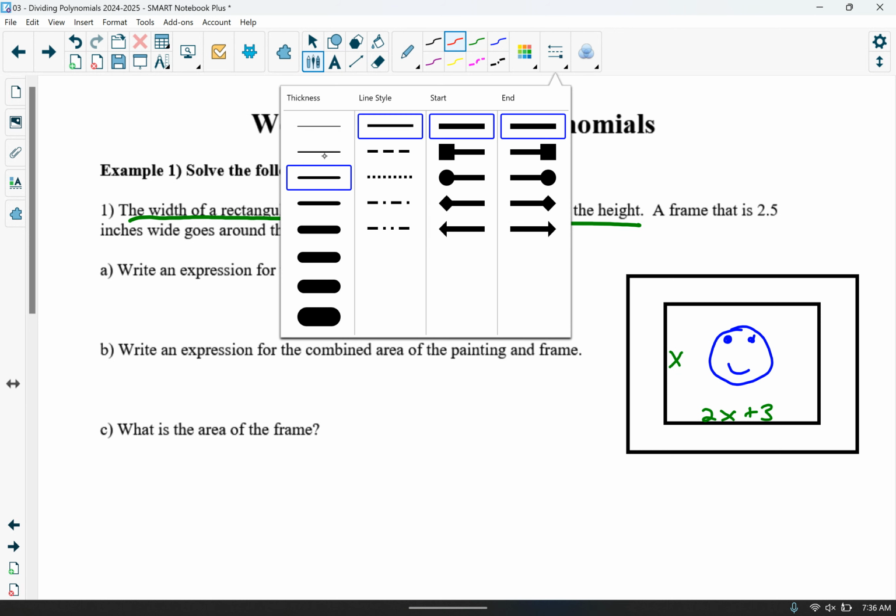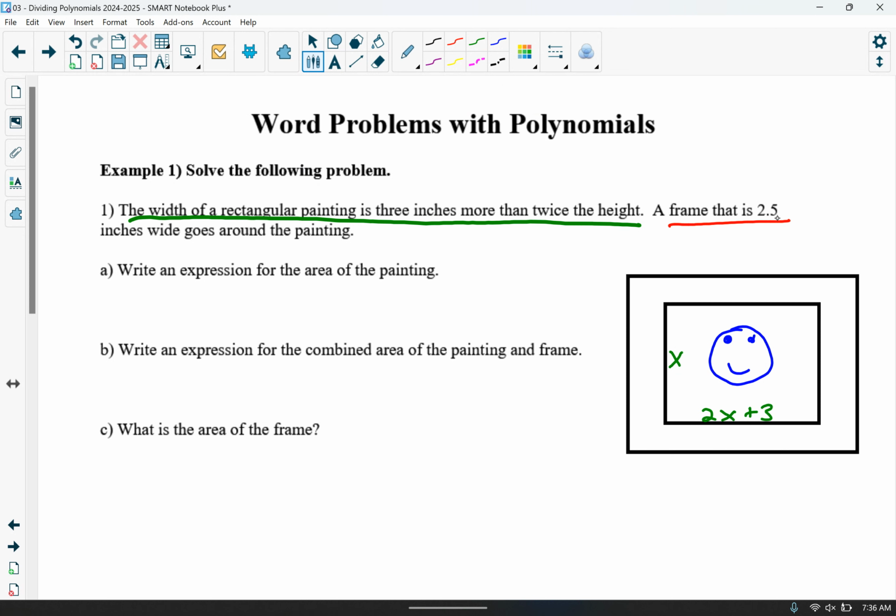Then we're told that a frame that is 2.5 inches wide goes around the painting. So that 2.5 inches is talking about the thickness of the frame. So that means from here to here is an extra 2.5 inches. From here to here is an extra 2.5 inches. Here to here is 2.5 inches.